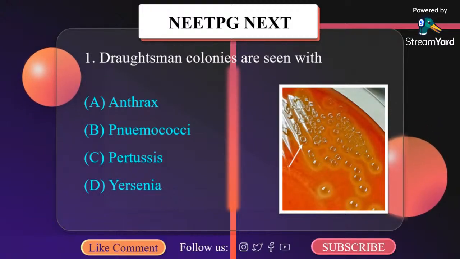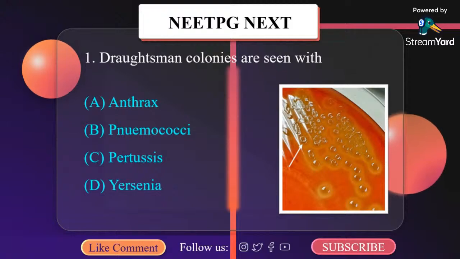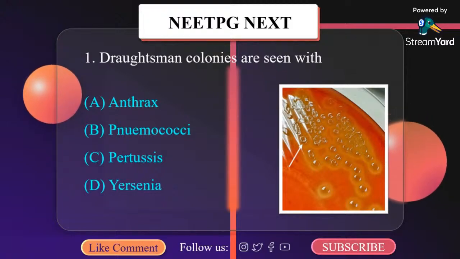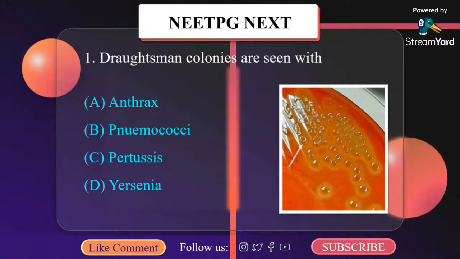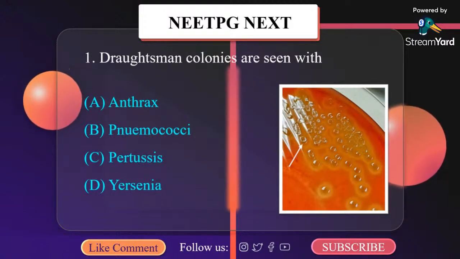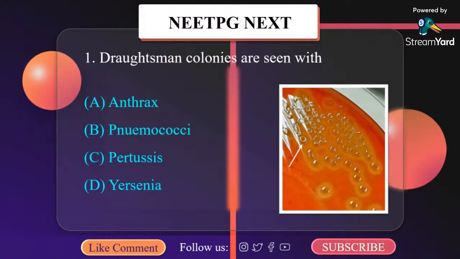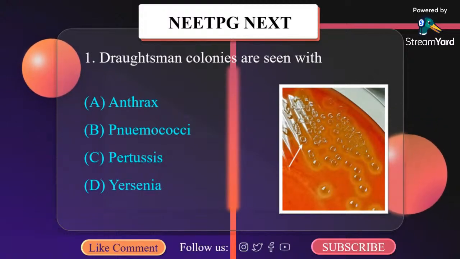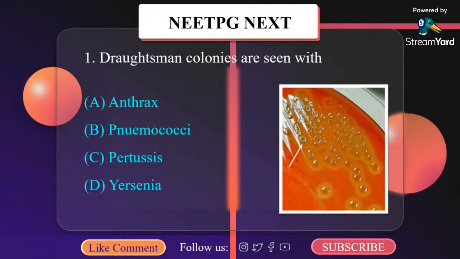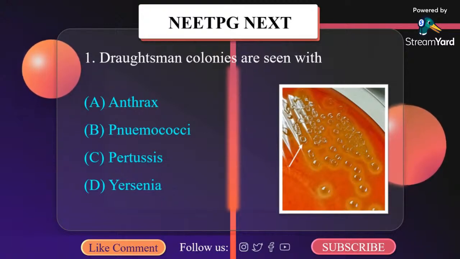Draughtsman colony are seen with. Can anybody tell Draughtsman colony are seen with? Without looking at the options, just looking at the figure. Can you tell it? Please type in the chat box. Draughtsman colony are seen with which organism? Just see the figure and answer the question.